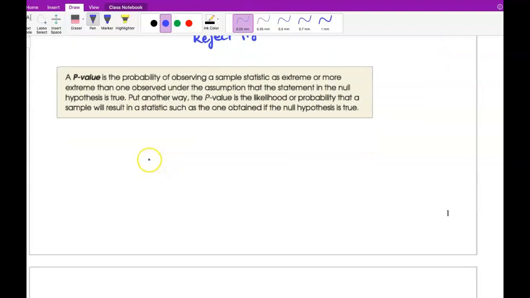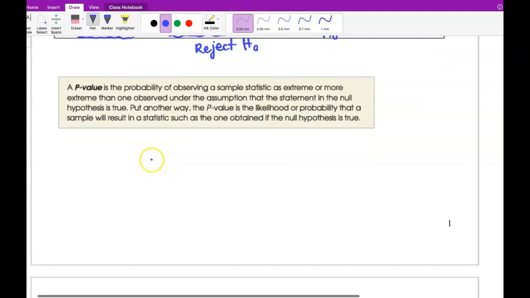Okay, so here we have the definition: the p-value is the probability of observing a sample statistic as extreme or more extreme than the one observed, under the assumption that the statement in the null hypothesis is true. I want to write this using different words.